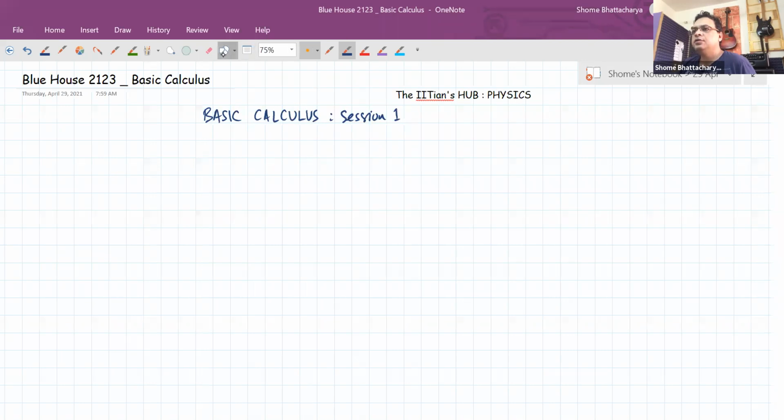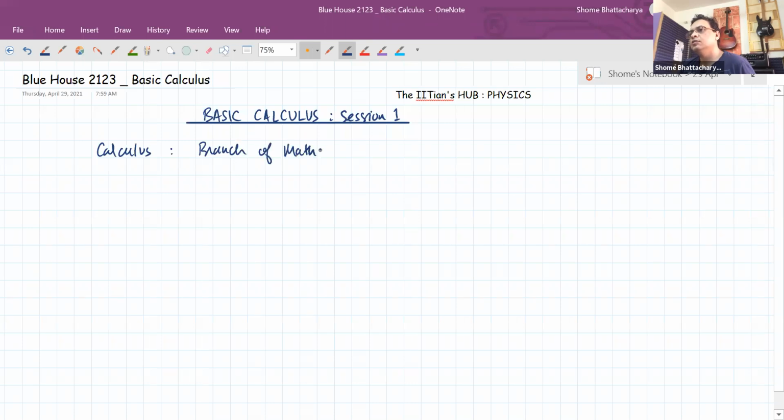Okay, so as I was saying, calculus is essentially a branch of mathematics, but which has major application in physics. So calculus is a branch of maths that deals with two essential concepts.